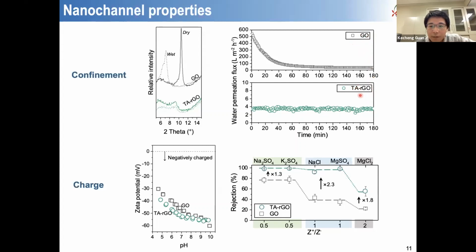But for the modified RGO membranes here, the water flux is stable through this process.